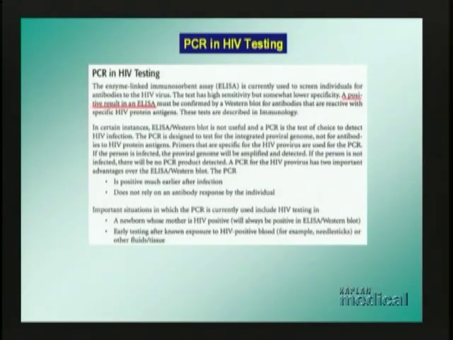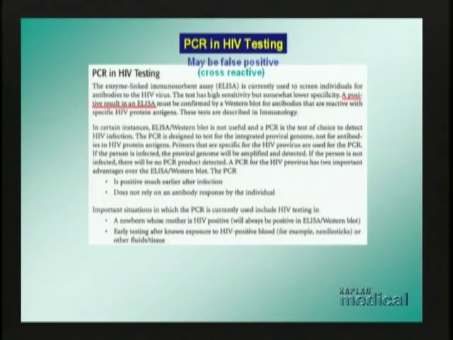As you know from immunology, ELISA is used because it's very cheap and very quick. But the problem with ELISA assays is that they can give false positives, and the reason for this is cross-reactivity. Antibodies in the blood might cross-react with proteins from other sources. So the problem is false positives.